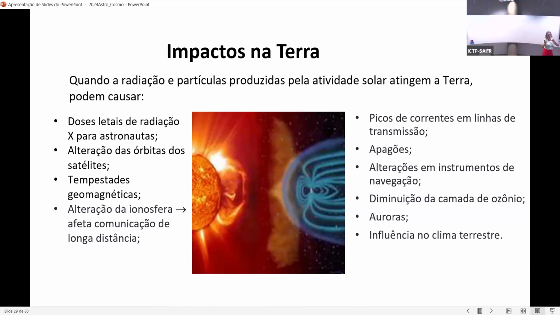Geomagnetic storms, which is when our magnetic field goes haywire and compasses don't work anymore. It affects the ionosphere and long distance radio communications, and causes spikes of electric currents in transmission lines, like power grids.